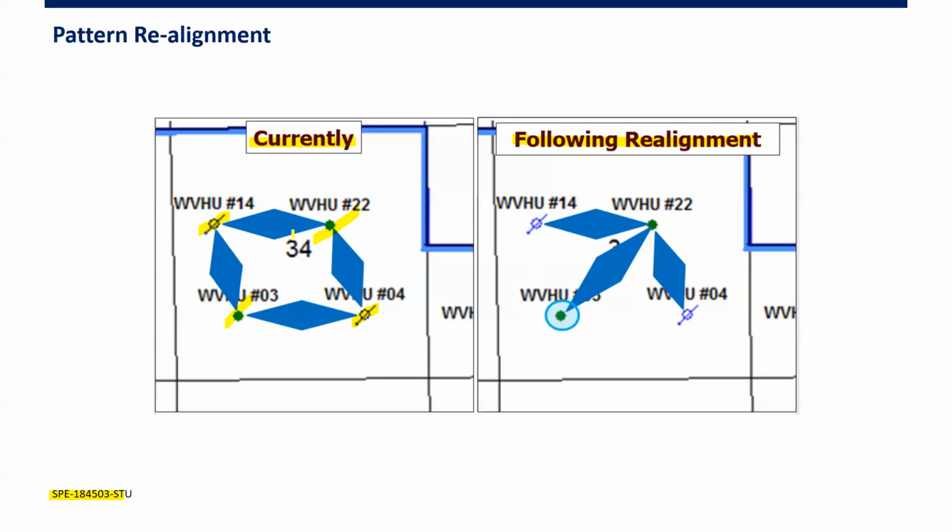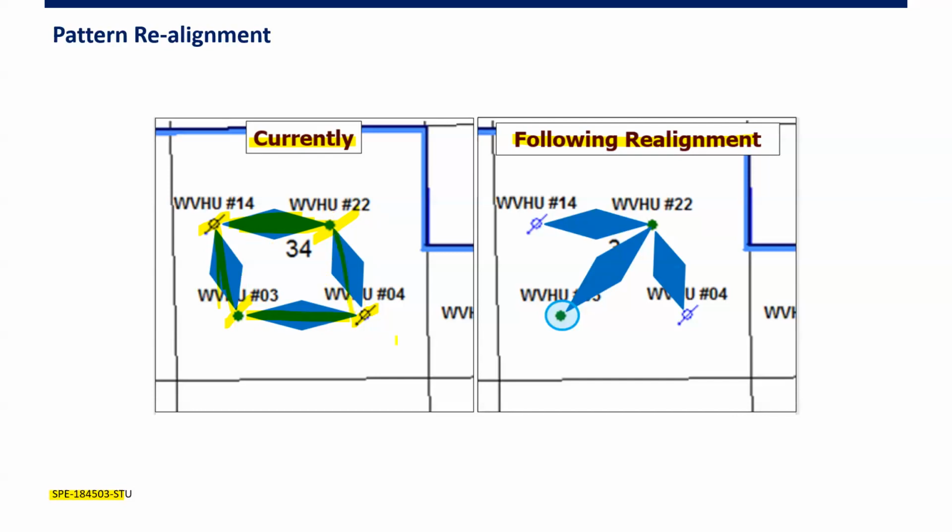And we can see the connection here. So between this injector and that producer, injector 14 and producer 22, we have a connection here. And then between 14 and 3, a connection there. And then between 3 and 4, producer and injector there. And then between 22, producer, and 4, injector, that's the connection.